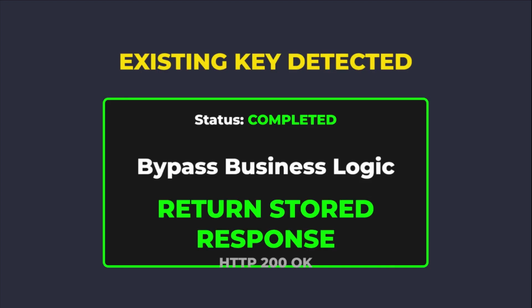If a request arrives with an existing idempotency key, the server checks the stored status. If the status is completed, the server bypasses all business logic and immediately returns the stored response payload using the original HTTP status code, typically 200 OK or 201 created. This is the core deduplication mechanism.